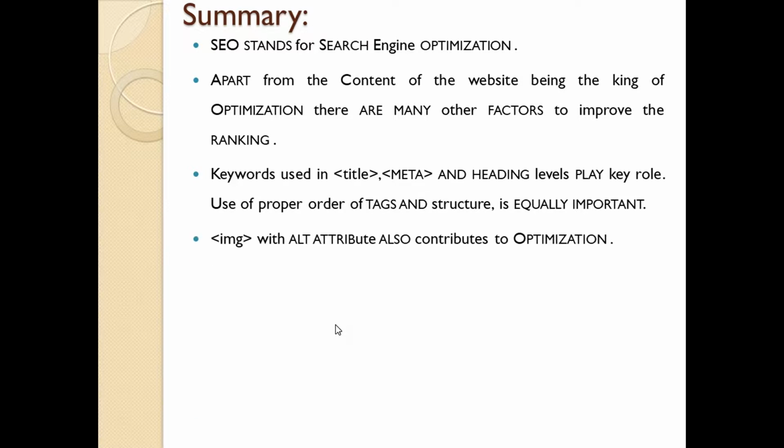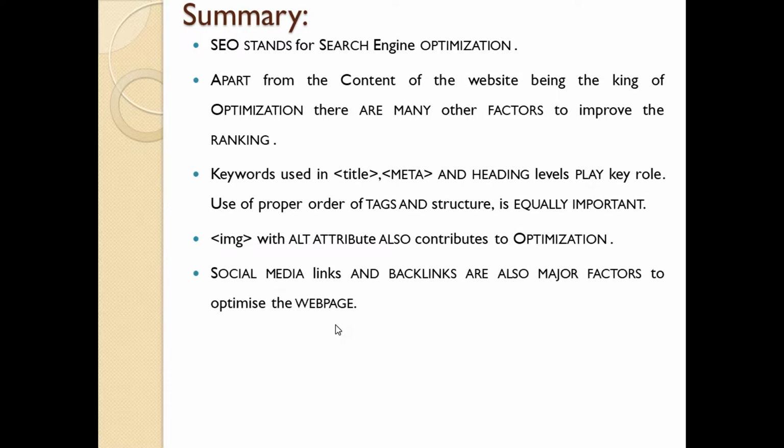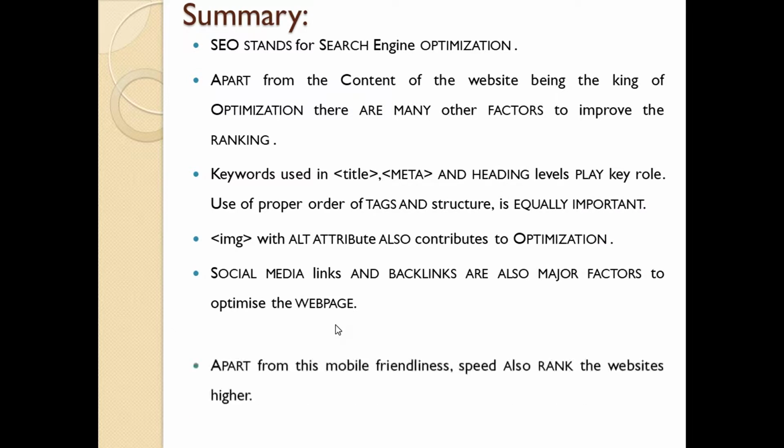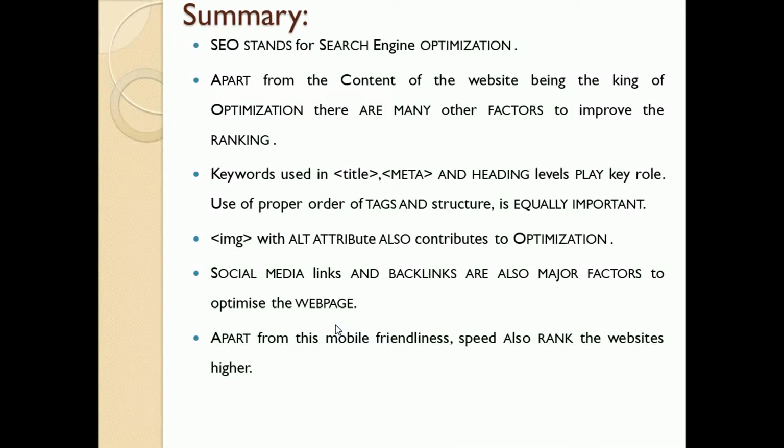The IMG, that is image tag, with ALT attribute also contributes to the optimization. Social media links and backlinks are also major factors to optimize the web page. Apart from mobile friendliness, speed also ranks the website higher. Speed is also an important part.